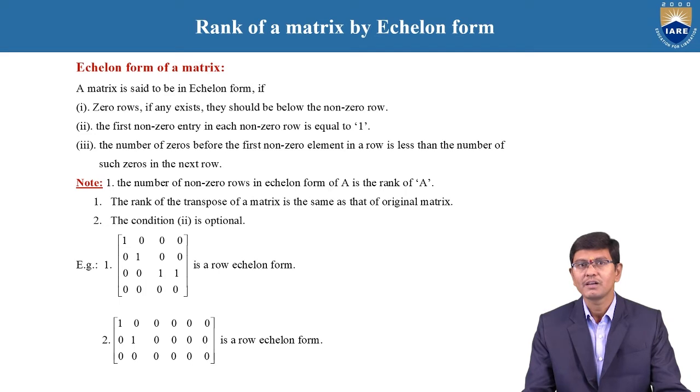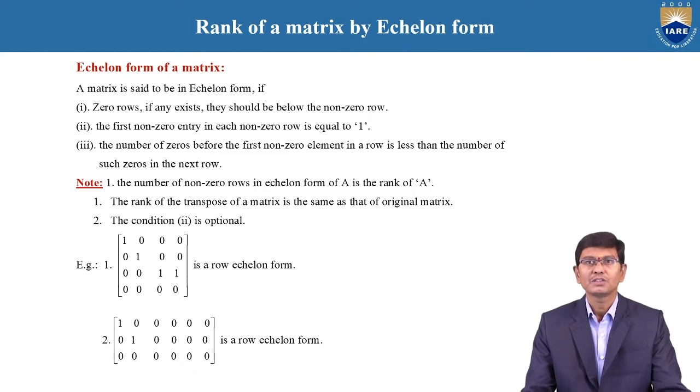That is the first basic condition. Second, the first non-zero element in each non-zero row is equal to 1. Third, the number of zeros before the first non-zero element in a row is less than the number of such zeros in the next row. These are the three conditions. If they are satisfied, then only the matrix is said to be in echelon form.